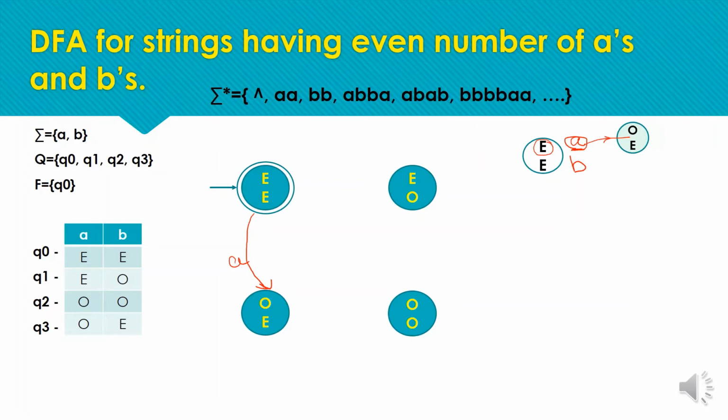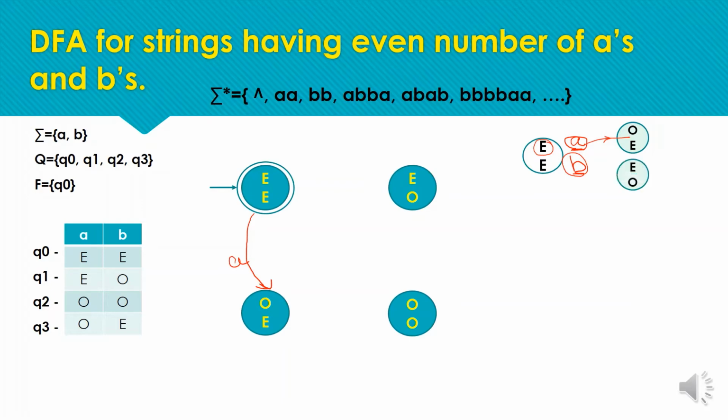Okay, next, for input symbol B at the initial state, we have to move to the state with an odd number of B's. As we have received a B, the number of A's is even, as it was earlier, but now the number of B's has changed from even to odd.